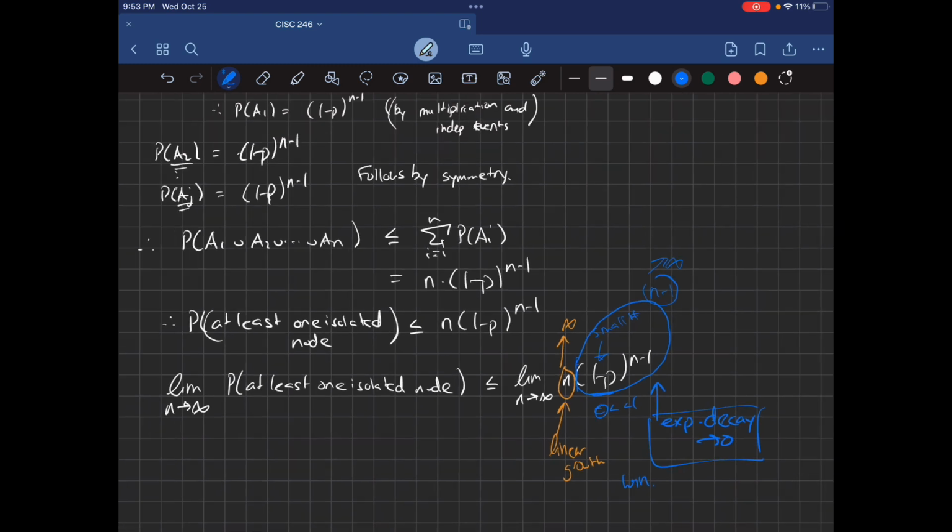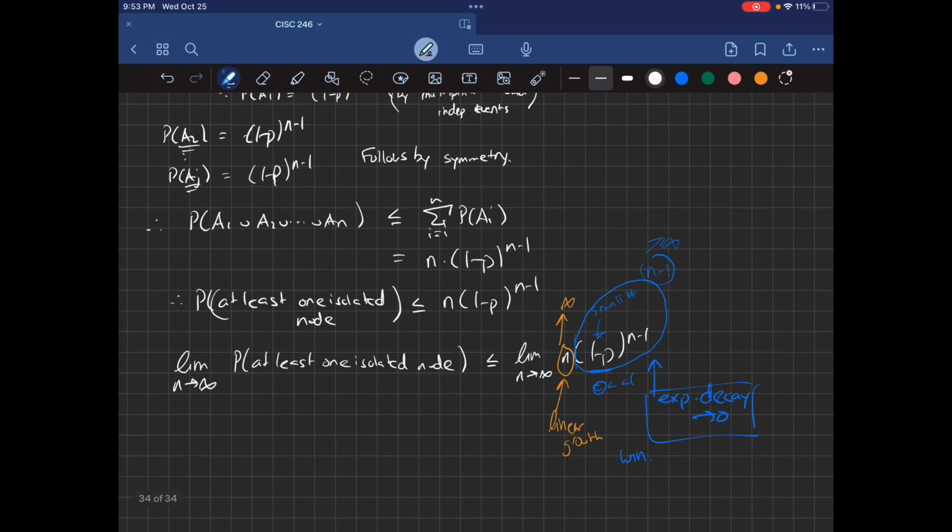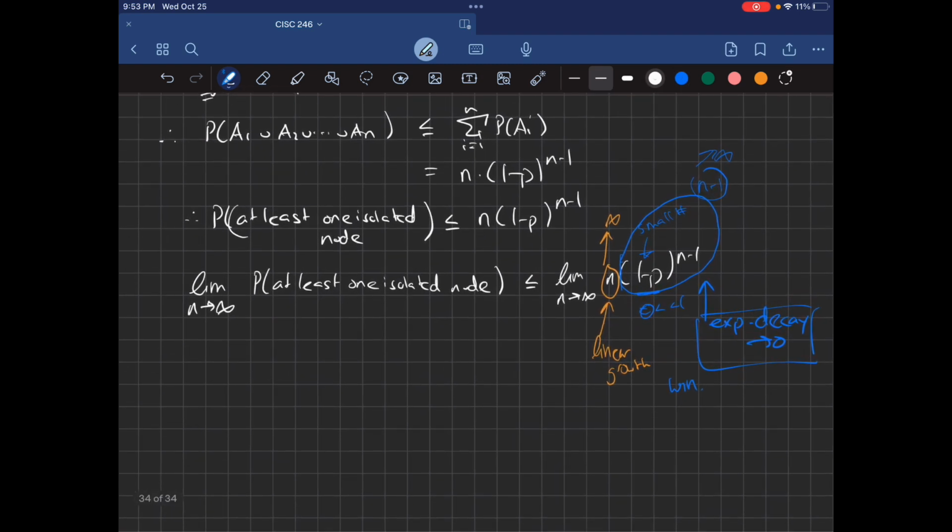So what does that mean? That leads us to the interesting result that the limit as n goes to infinity of the probability of at least one isolated node is converging to 0.